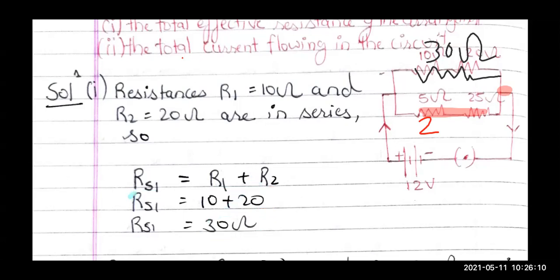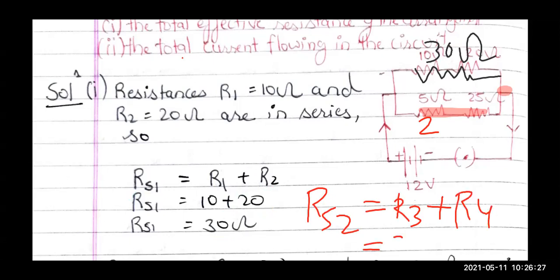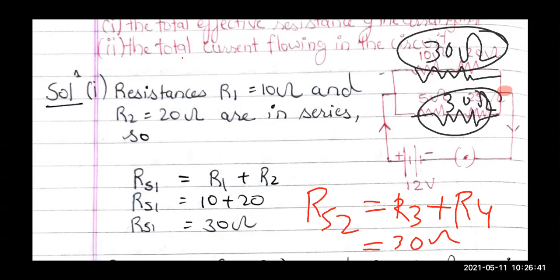Similarly, children, the resistance of the second branch, Rs2, is equal to R3 plus R4. So it is 5 plus 25, and 5 plus 25 is 30. So instead of the second branch, I can make one resistor, because the equivalent is 30 ohm. Now this 30 ohm and this 30 ohm are connected in parallel.